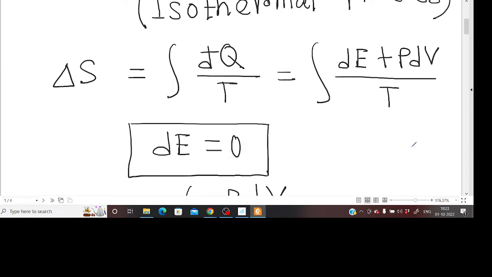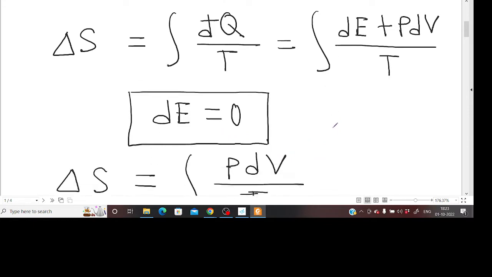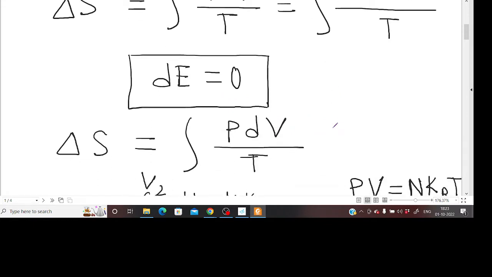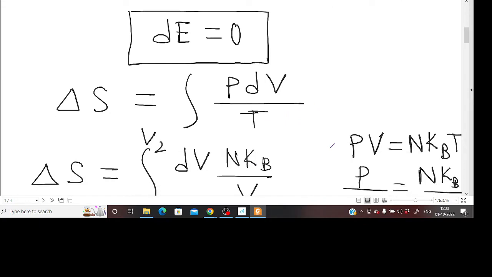In this problem the total energy is constant. It means there is no change of total energy, so dE is equal to 0. So this problem is now very simple. Delta S is equal to integral PdV by T. Now we know for an ideal gas PV equal to N kBT.